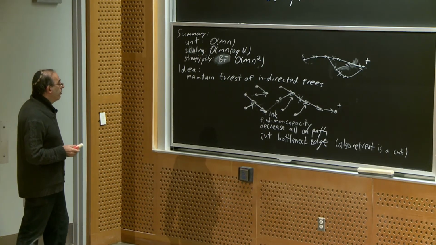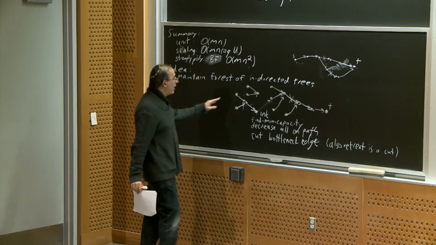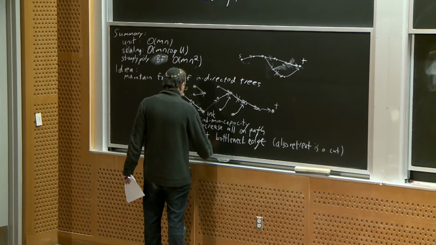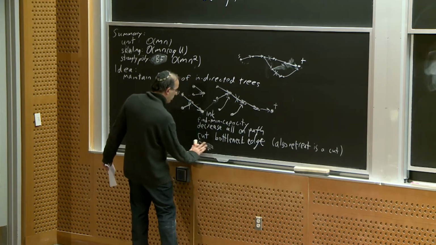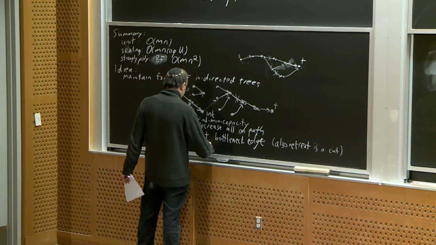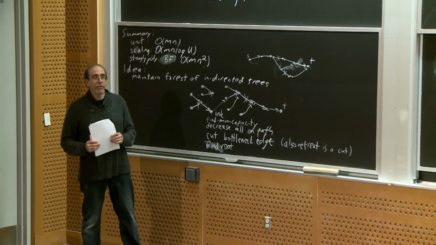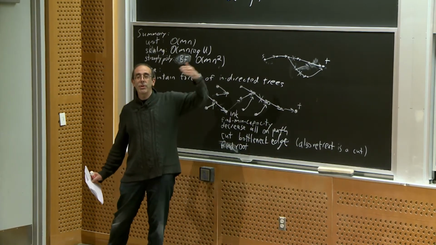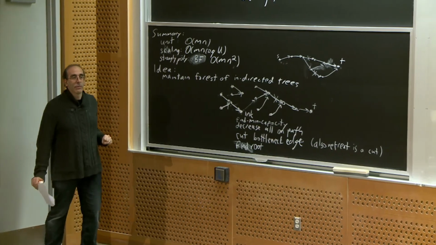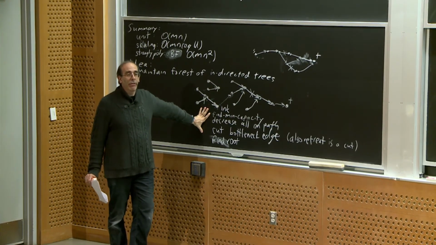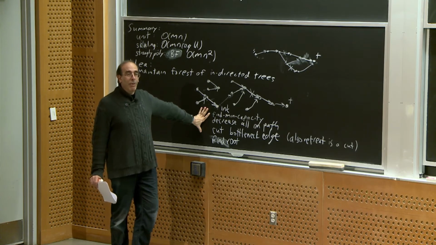So now we have this collection of operations. Oh, and also the one that I started with, jump to root, or find root. If I'm on a vertex, I want to jump to the root of the tree that vertex is in. So if I have these basic operations, I can implement my blocking flow algorithm.